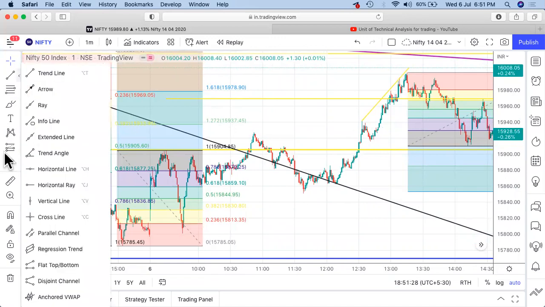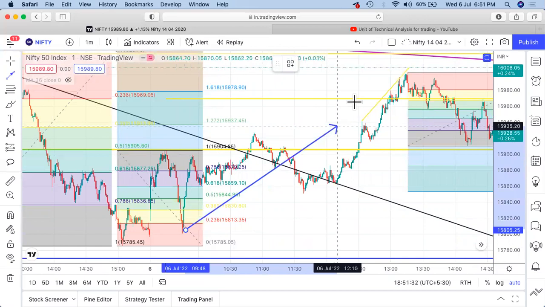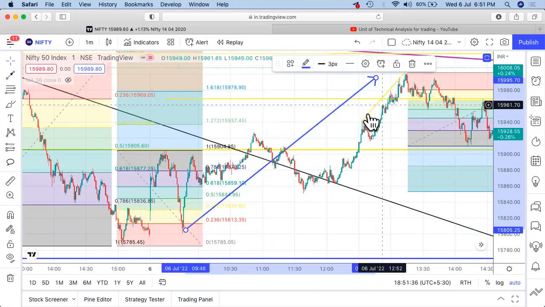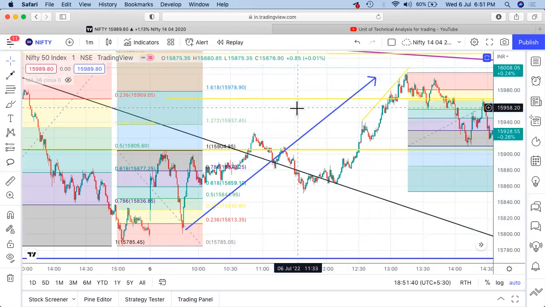If I need to say in terms of an arrow, we can say that from here onwards it was more of an uptrend, right? Once we had an uptrend, after that we got a reversal. How this reversal happened and how we need to identify that with the help of a rising wedge.